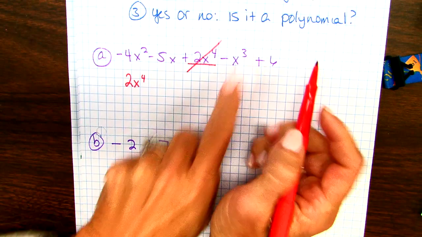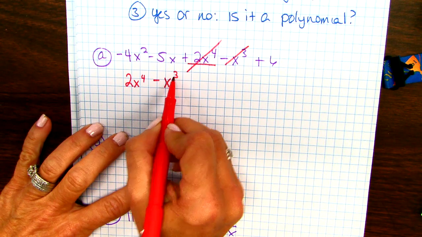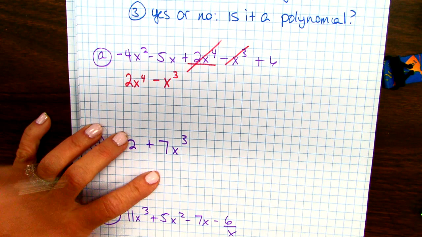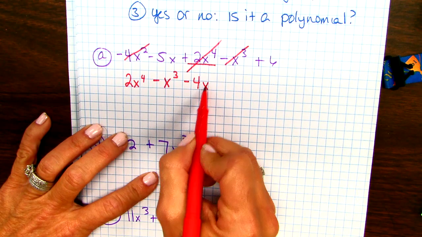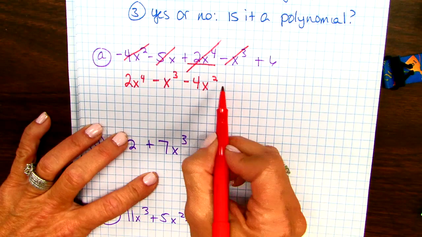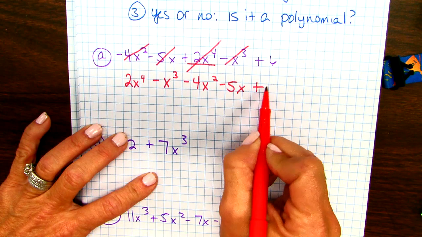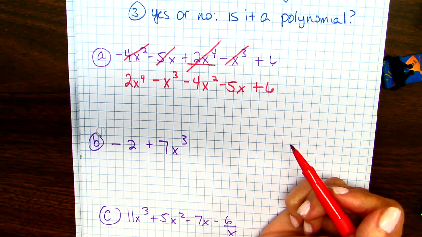So that x to the 3rd is negative, okay? I think you guys would agree that negative 4x squared would come next. Minus 5x, and then plus 6. That is standard form, okay?